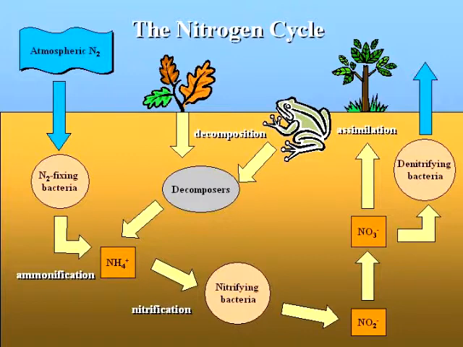From the atmosphere, nitrogen is taken out by a group of bacteria referred to as the nitrogen-fixing bacteria. They can actually use elemental nitrogen and turn it into an organic form. What they do is they turn it into ammonia compounds, ammonium ions.